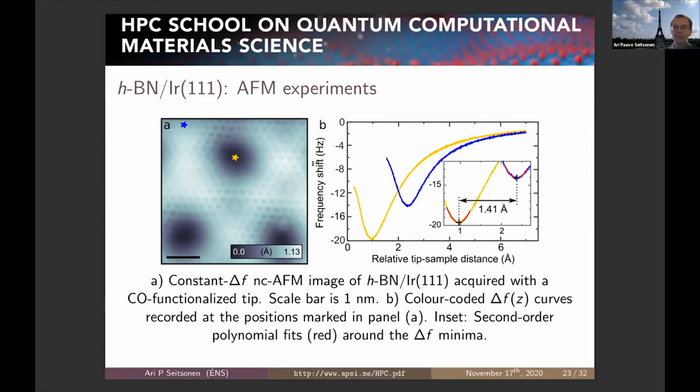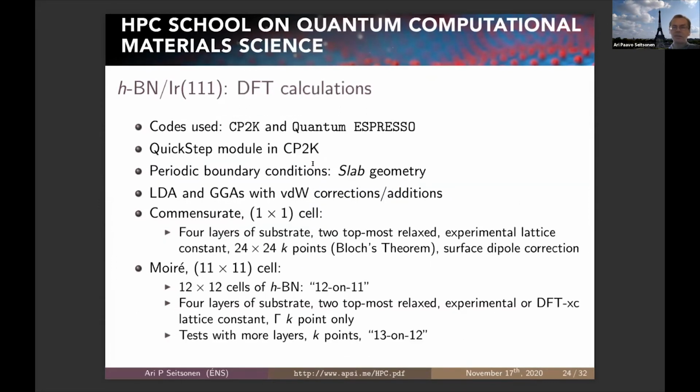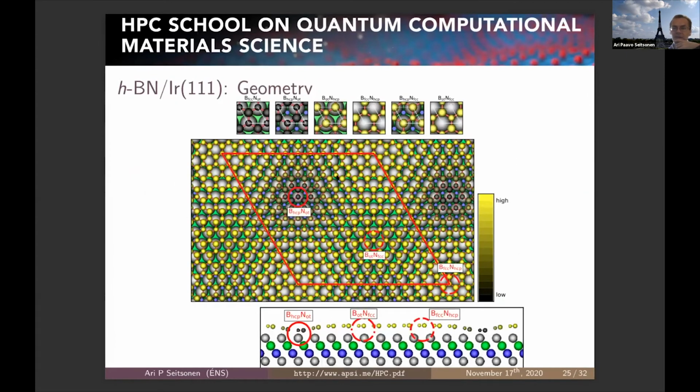And then what we did in this study, well, here are details from the DFT calculations. You can see that we can go up to, well, like Marco said, about 1,000 atoms. And this is the final geometry, which we found from the DFT calculations, actually with one approximation. In the side view, I don't have time to go to the details, but you see that we have these regions where the nitrogen sits on top of the iridium atoms, the outermost iridium atoms.